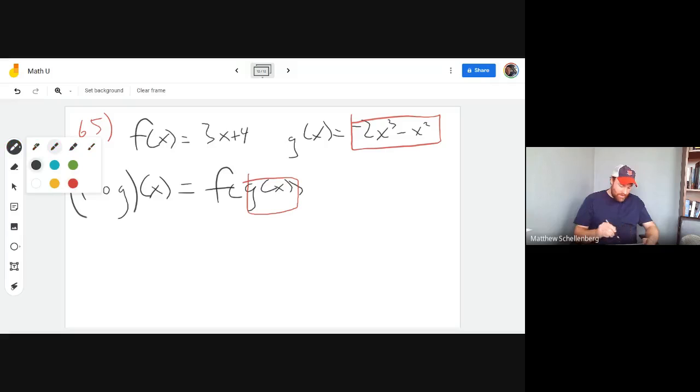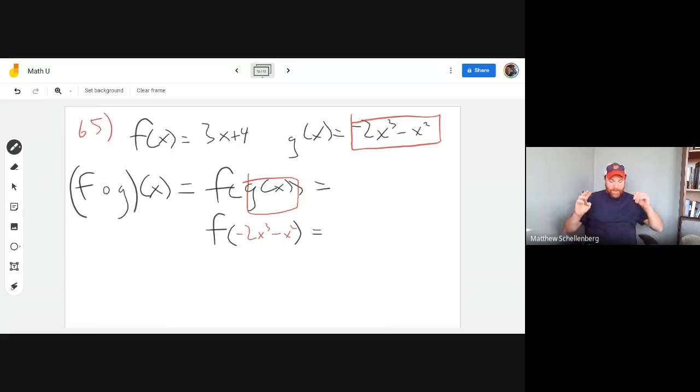And so that equals f of g of x, which we know to be minus 2x cubed minus x squared. And from there, we will plug this into the f of x. You take this, and we're going to plug this stuff right here in for this x.